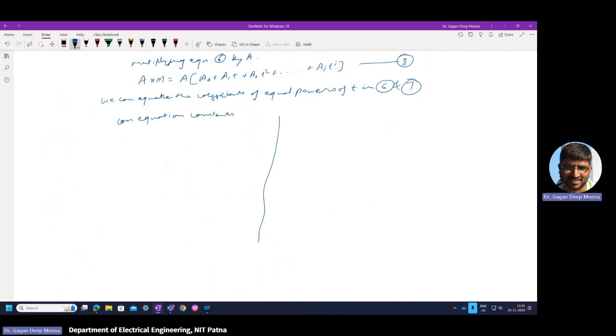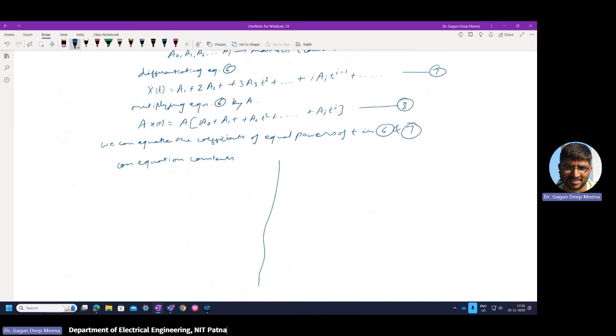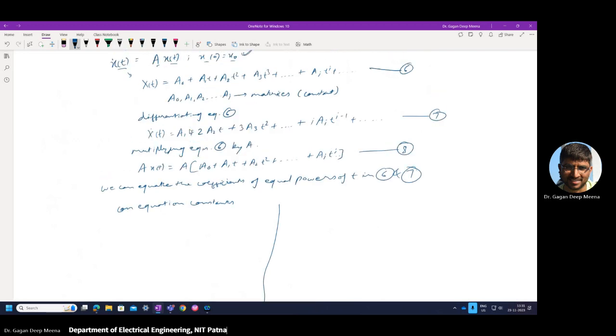So let me also try to keep 6 and 7 in view if possible. Okay, if we equate the constants, then your A1 is equal to AA0, right?